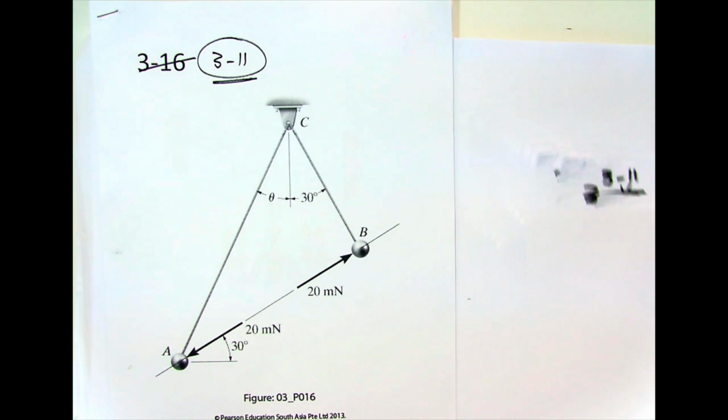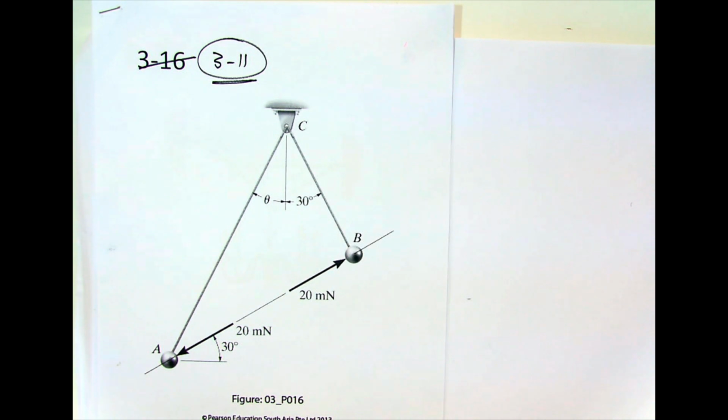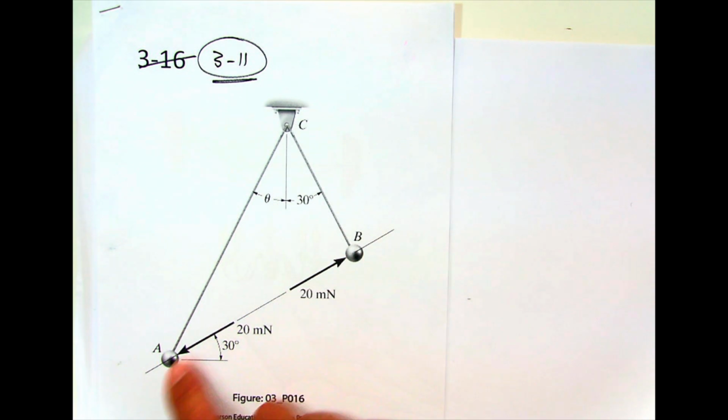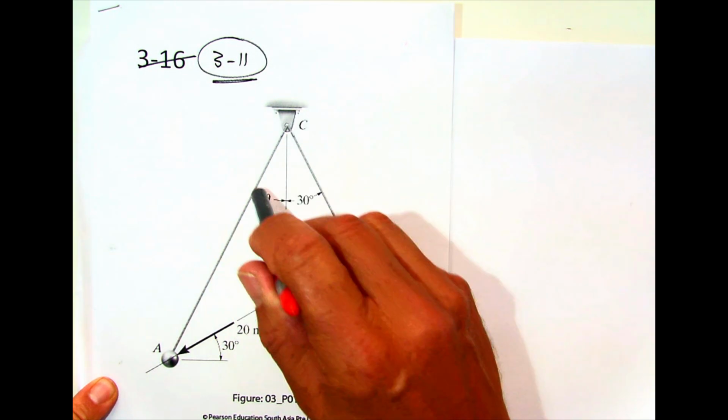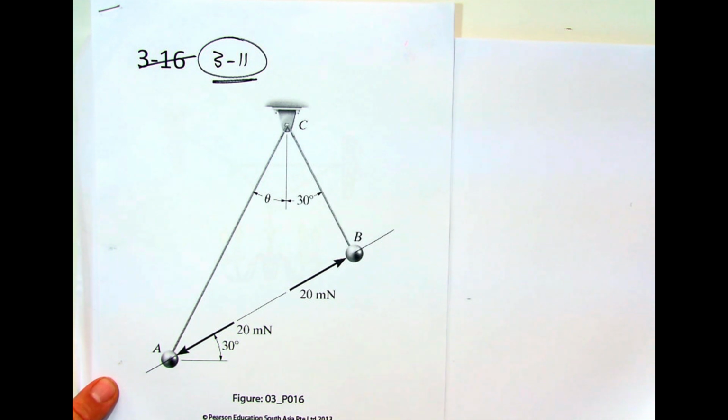This one here, okay, they give you this drawing and these forces between A and B, and they ask you what is the magnitude of that force and what's the magnitude of this force and what is that angle theta, and they say the weight of that one is the same as the weight of this one, but they don't give the weight. The weight is an unknown, if I remember correctly.